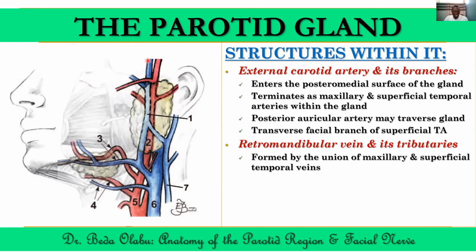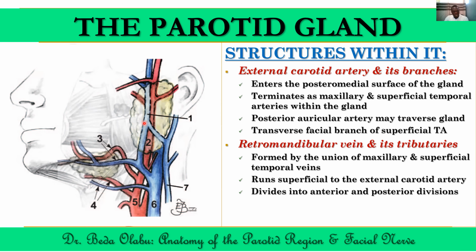Remember that when the two veins meet, they form the retromandibular vein within the gland, which you call number one there. The retromandibular vein then usually divides into two. Before that division, it runs superficial to the external carotid artery. So when you come from the surface, you'll find the vein first before you get the artery.